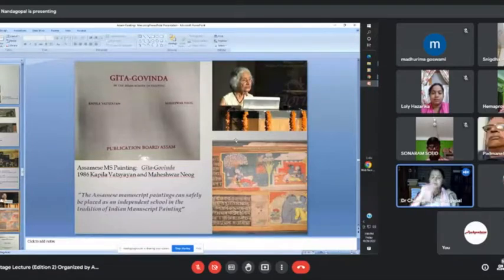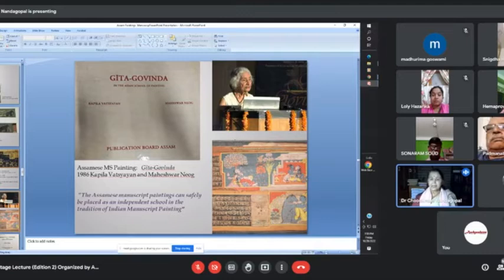She wrote this when, in her fellowship, she was working on Geet Govinda manuscripts, and she came to Guwahati, requested Dr. Chaudhary and Maheshwar Neog, and worked with them. She saw all the collections of Geet Govinda. That was in 1986.